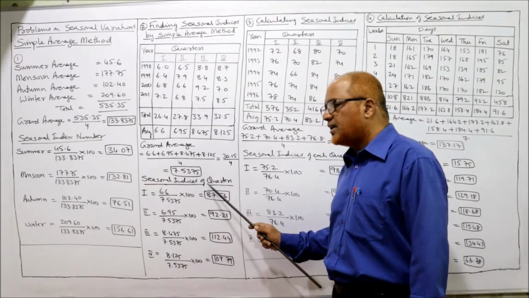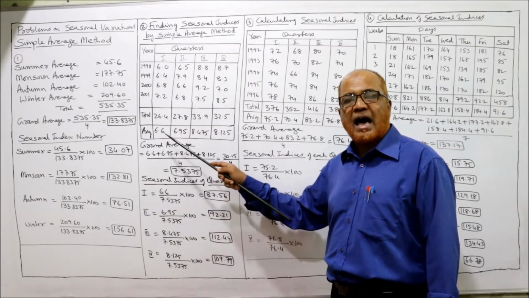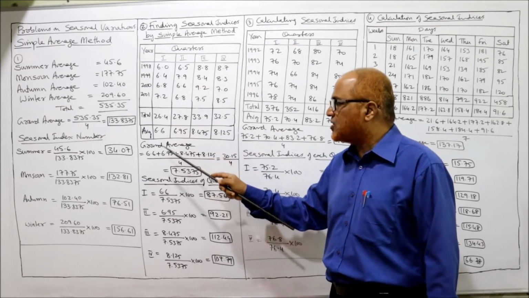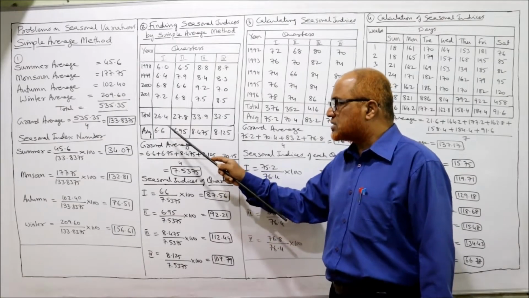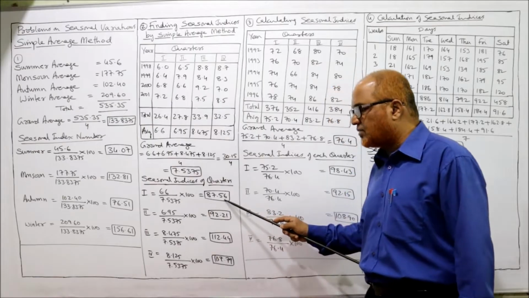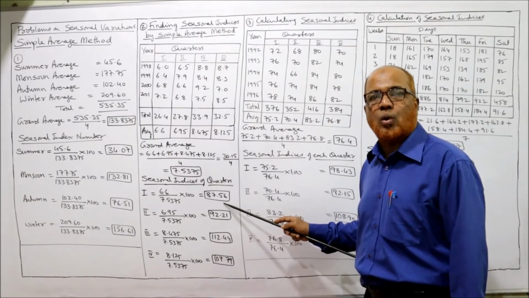So seasonal indices of each quarter. First quarter. What is the average of the first quarter? 6.6. What is the grand average? 7.5375. So 6.6 divided by 7.5375 into 100. 87.56 is the seasonal index for first quarter.